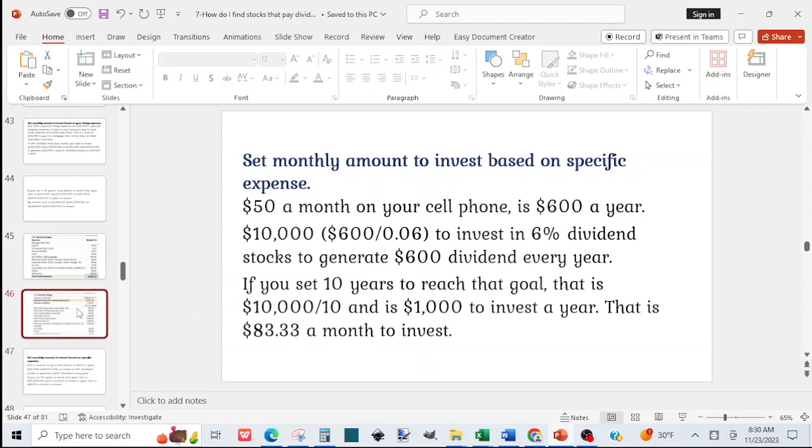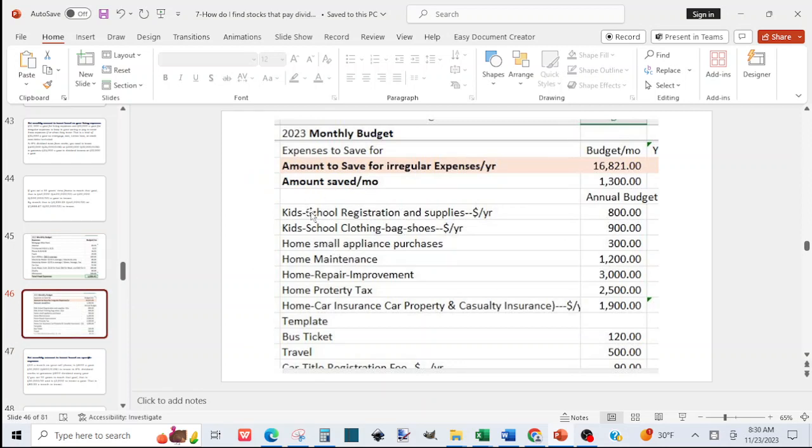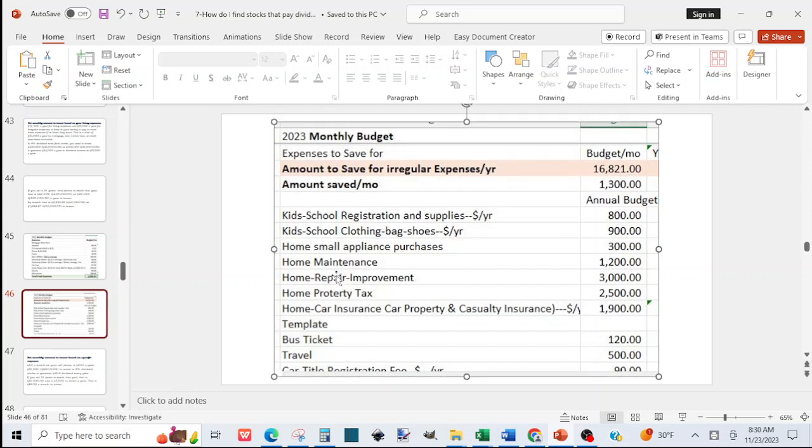Another thing to do as well is in your irregular expenses. Let's pick an expense. You see small home appliances. I think I have a home repair section here that has that 3,000. This year we purchased a fridge, a refrigerator, and the refrigerator costs around 2,000.